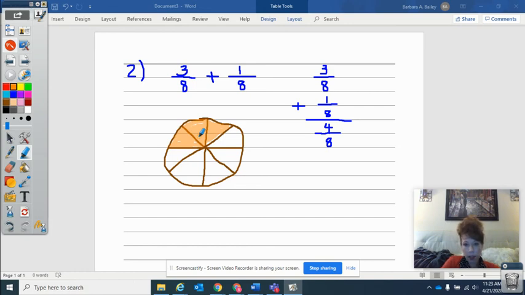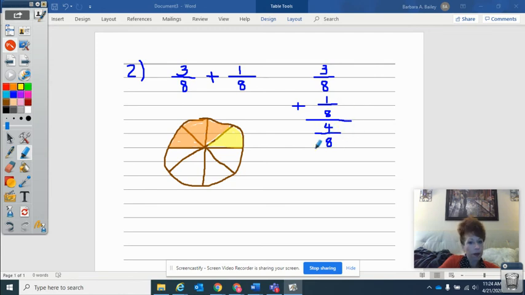And then I'm going to shade another 1 out of 8. I'll use yellow. So I've got 1 out of 8 right here. Okay. So how much total do I have shaded? Well, I have 1, 2, 3, 4 out of 8 shaded.